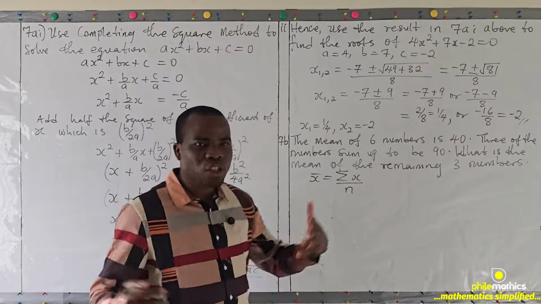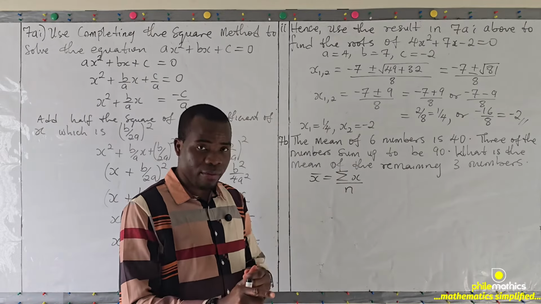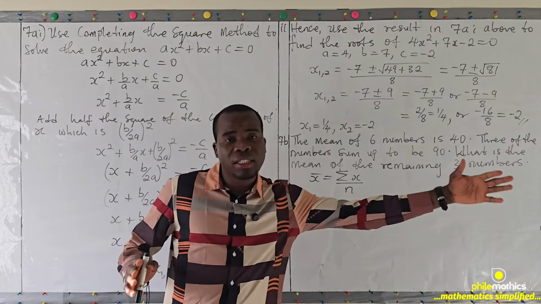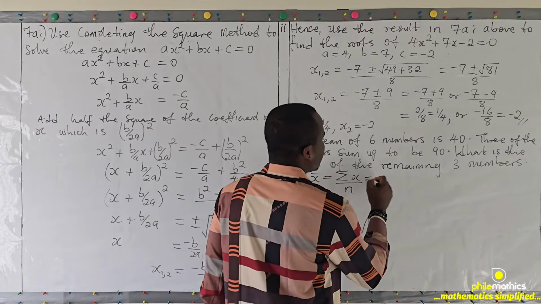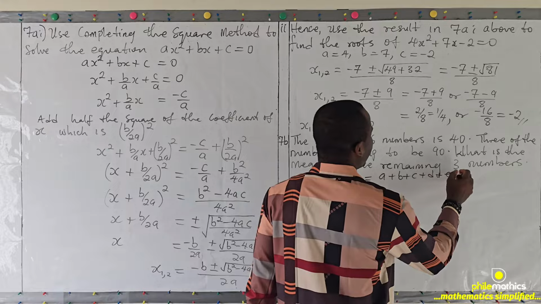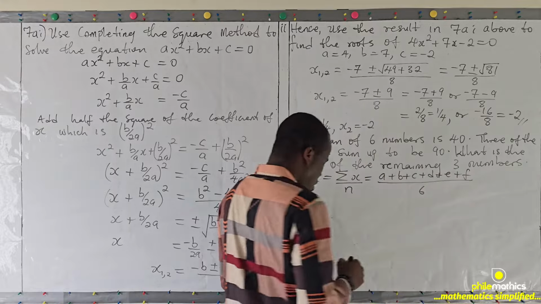So let's assume the 6 numbers are A, B, C, D, E, F. And so you remember how we find the mean? We sum A to F and then divide by 6. So this is A plus B plus C plus D plus E plus F, everything over 6.